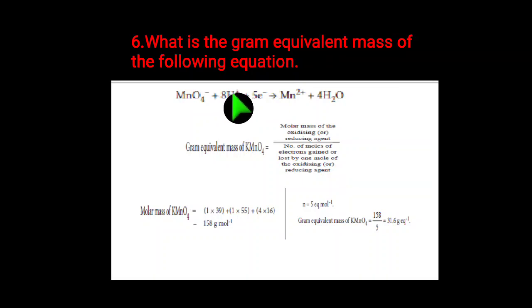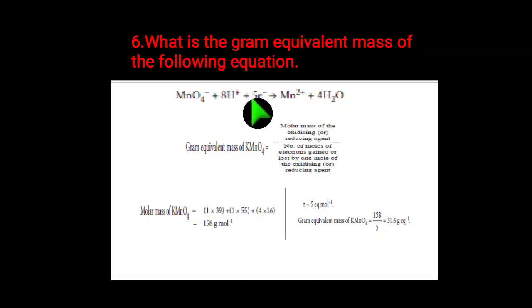So here 8 plus 8 electrons. MnO4 has whole charge minus 1. So minus 1 plus 8 gives plus 7, total plus 7 electrons. Here 5 electrons are required, then it becomes plus 2. I repeat again: the whole charge is minus 1, 8H plus gives 8, so minus 1 plus 8.